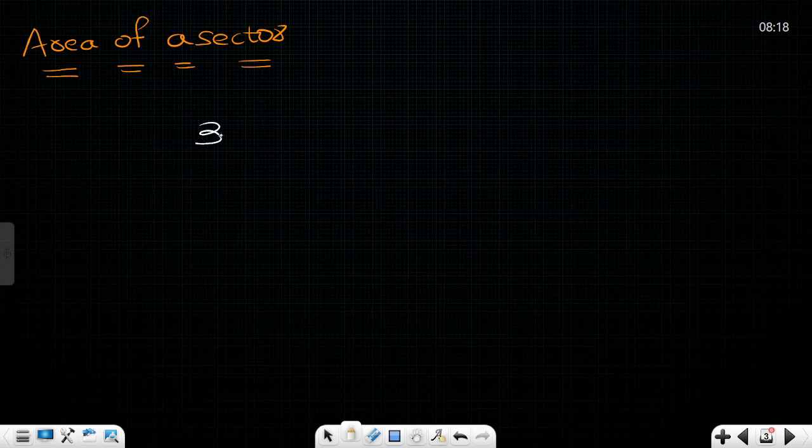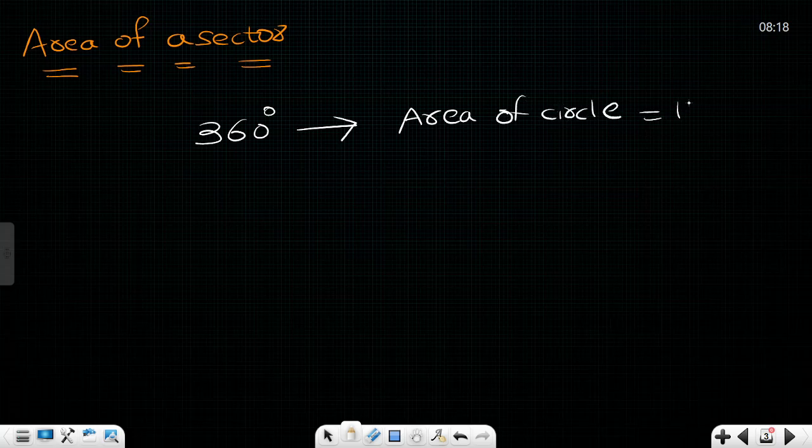So for 360 degrees complete rotation, what is the area you will be getting? Nothing but total area of circle, that is pi r square.